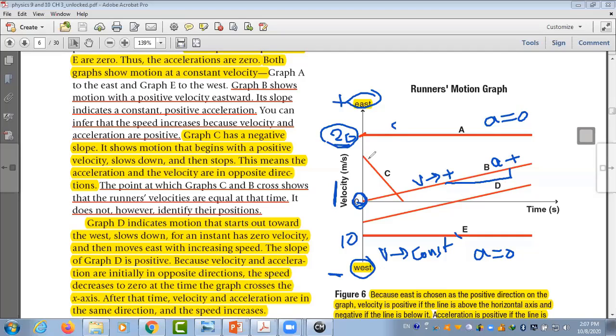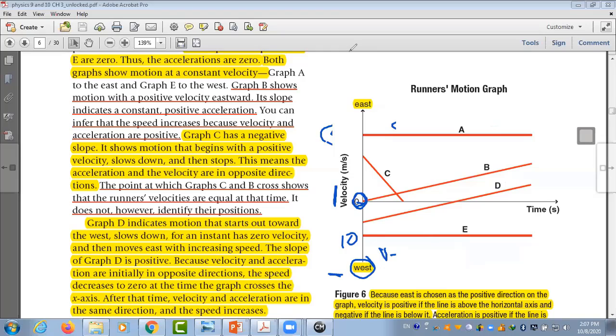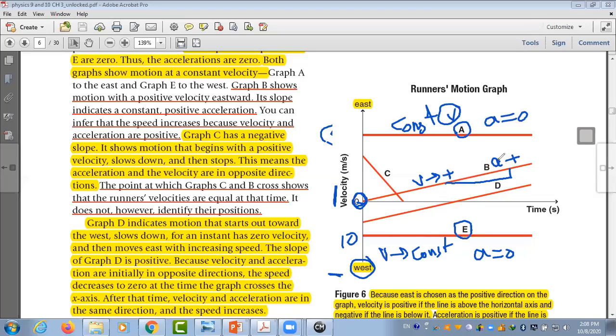Okay, if we look at line C, who can tell us about line C? It's tricky. Okay, I will try.